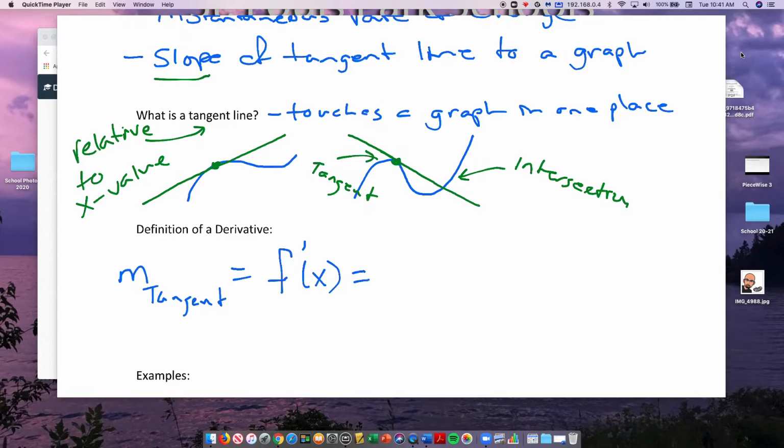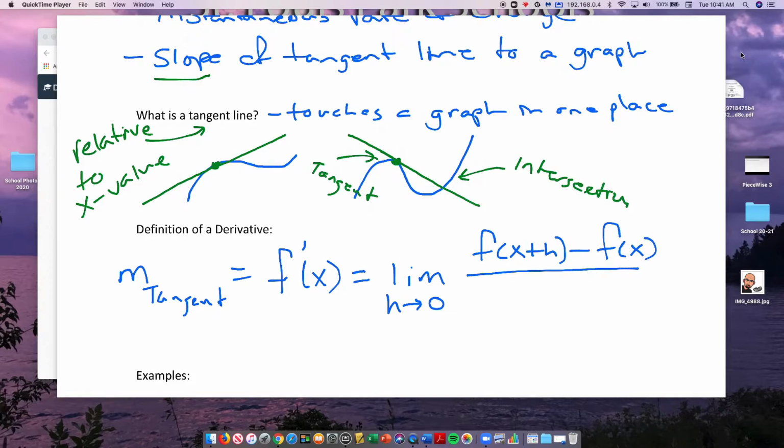What that's equal to is the limit as h goes towards 0. So remember, I was squeezing those points together: f of x plus h minus f of x, divided by x plus h minus x.